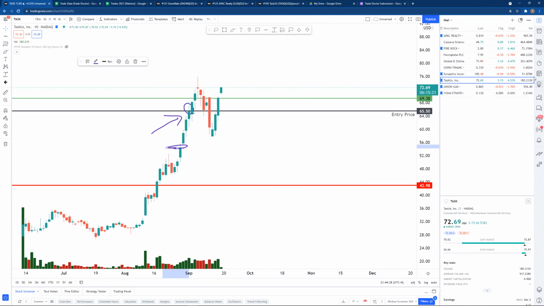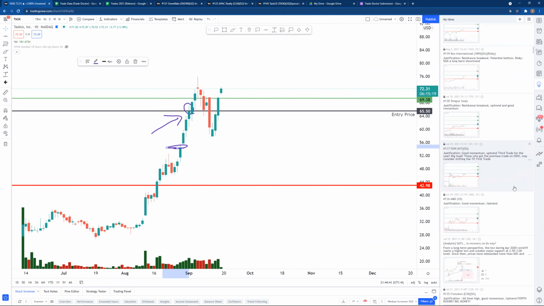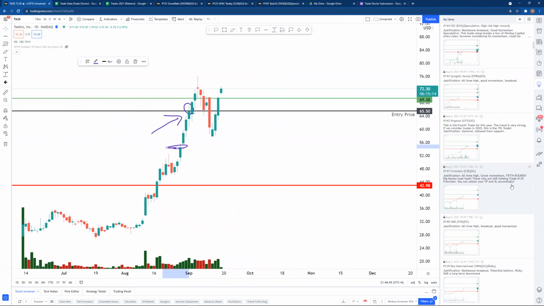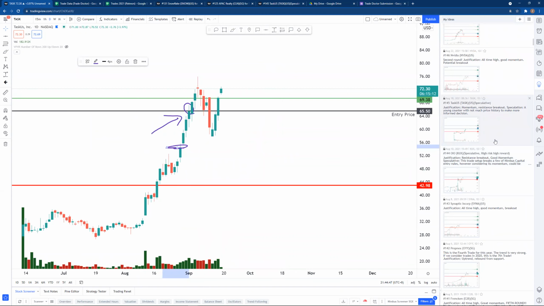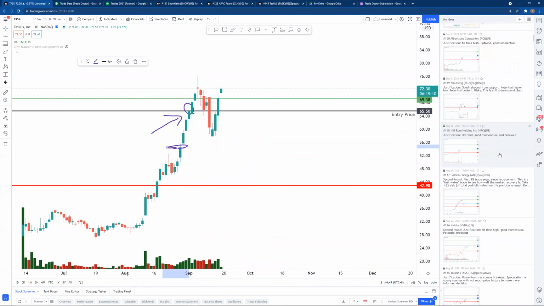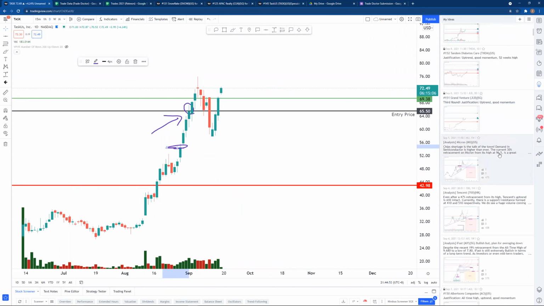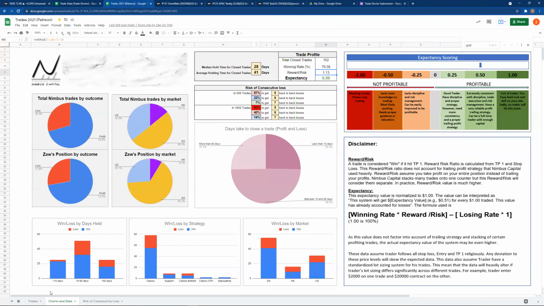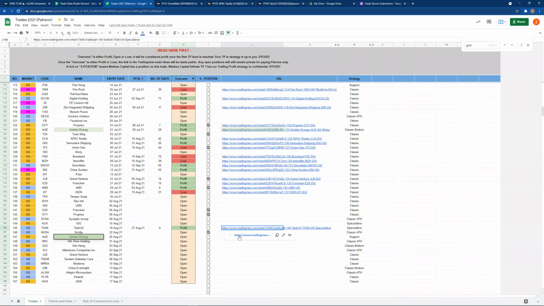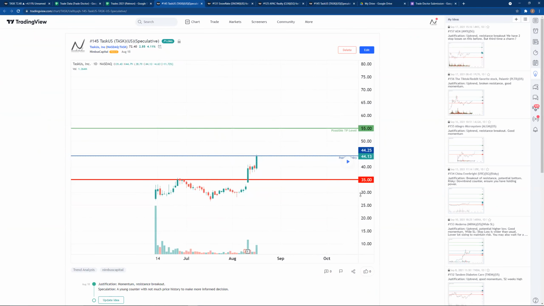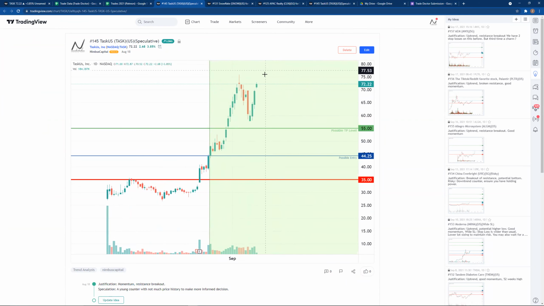Okay, let's bring up the Patreon trade. Should be somewhere around here. Task US. Where is it? Never mind. So this was the Patreon trade, and eventually we hit the TP, and then it went up even higher.